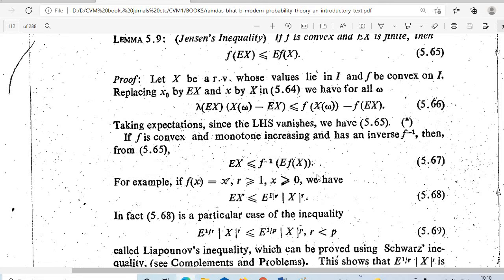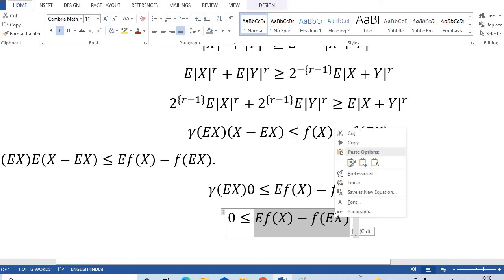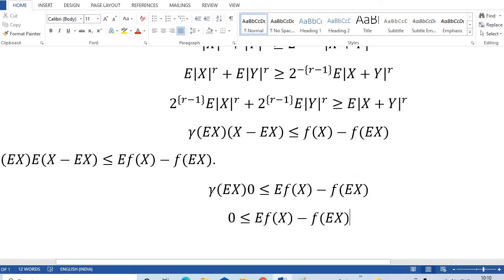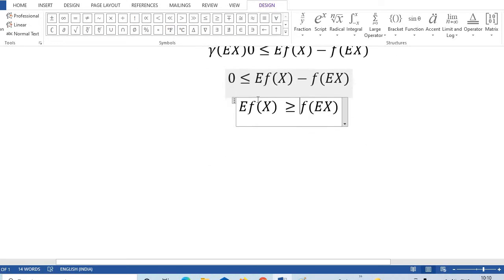Again we can apply this inequality format to different functional values. Suppose f of x is equal to x raised to r. First one, we can rewrite it here. If f is invertible, you can take the inverse.